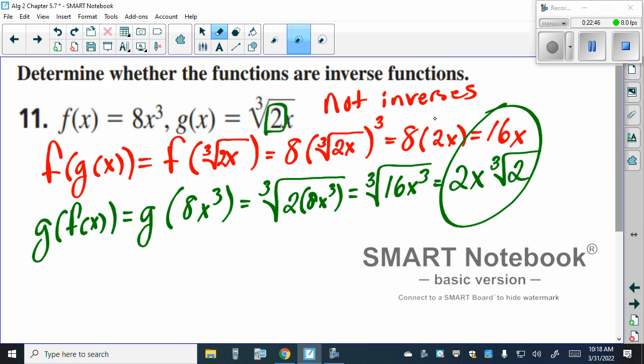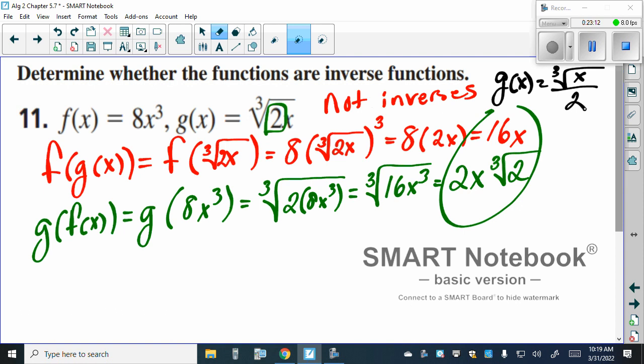For f of x, we would divide by 8 and take the cubed root, which would have been the cubed root of x over 2. So g of x here really should have been the cubed root of x over 2.